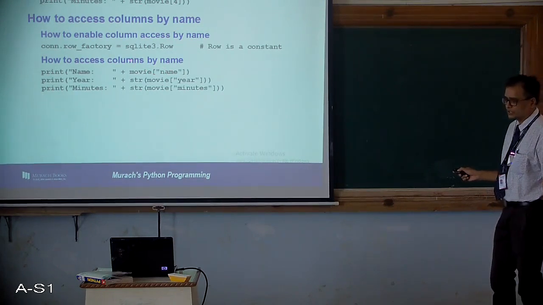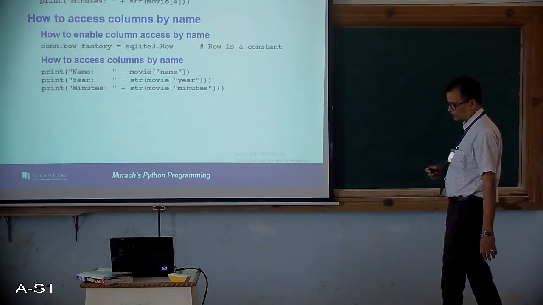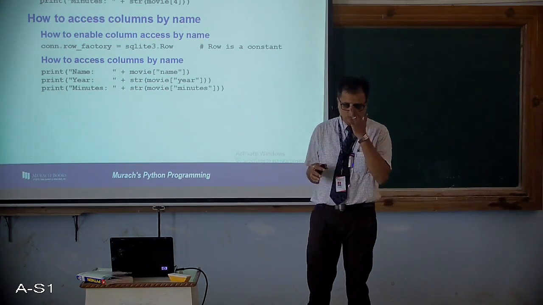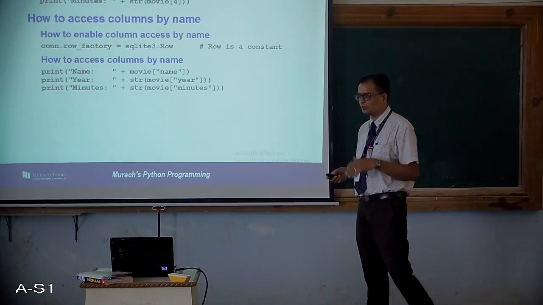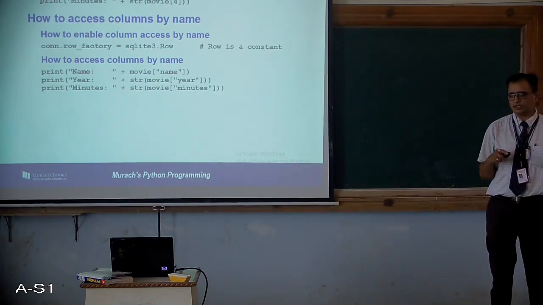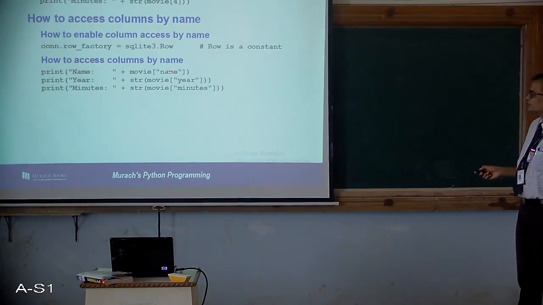You might have already studied, and you might be remembering, that we have dictionaries in Python wherein we can specify the name of a particular attribute. It is a name-value pair, right? Wherein we can specify the name in place of the index. If you specify the name of the particular pair, then you will get the value associated with it.